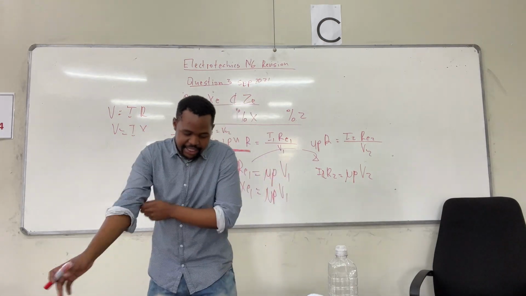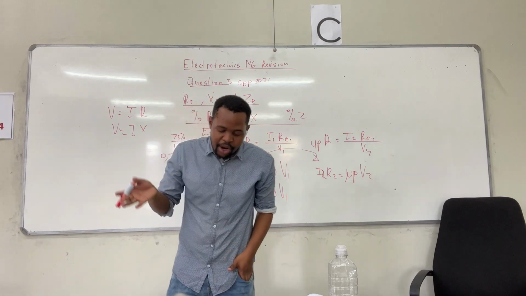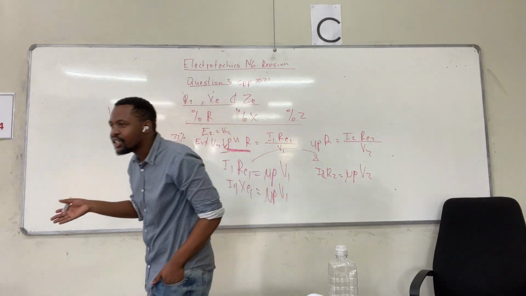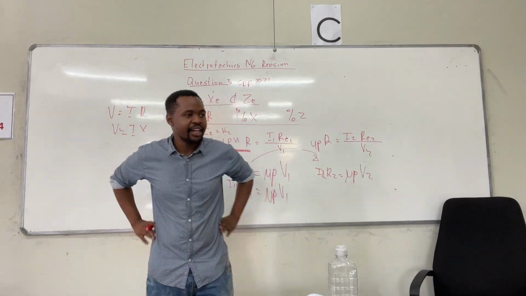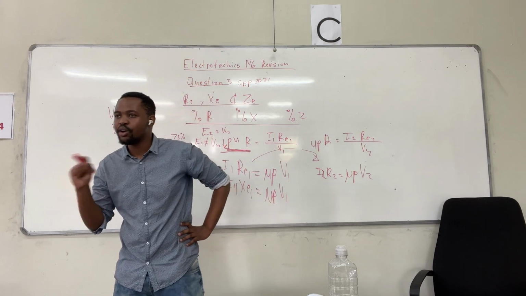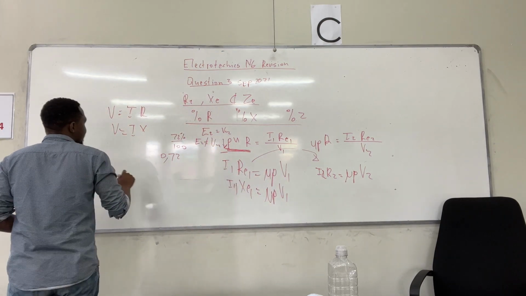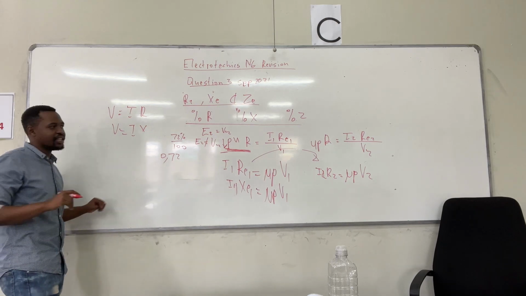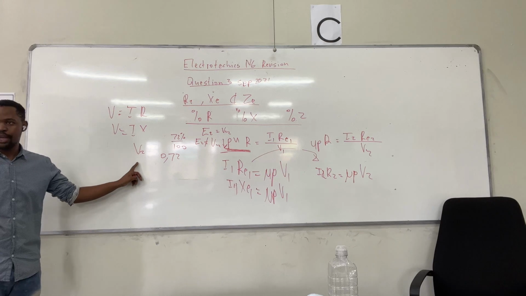So voltage regulation is the rise or fall in the secondary voltage output when full load is applied, provided the primary input voltage remains constant. Because remember, primary input voltage can also affect V2.